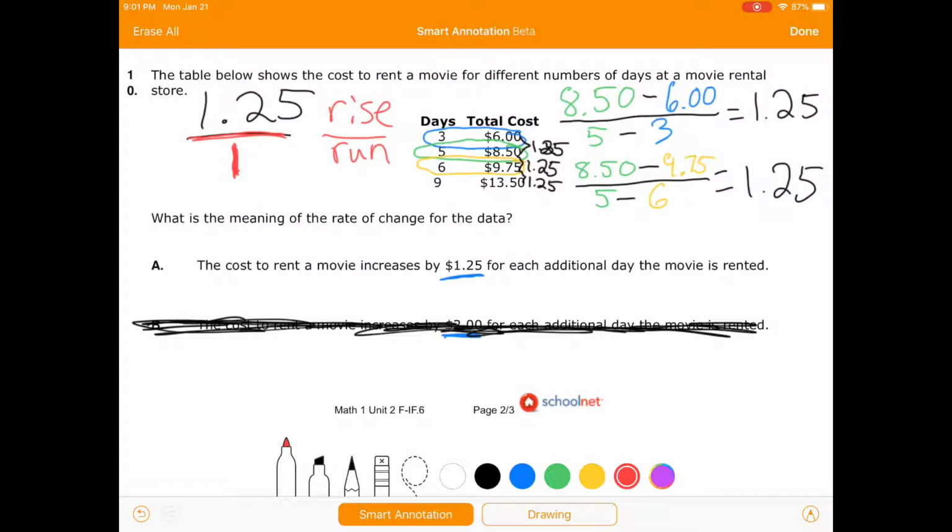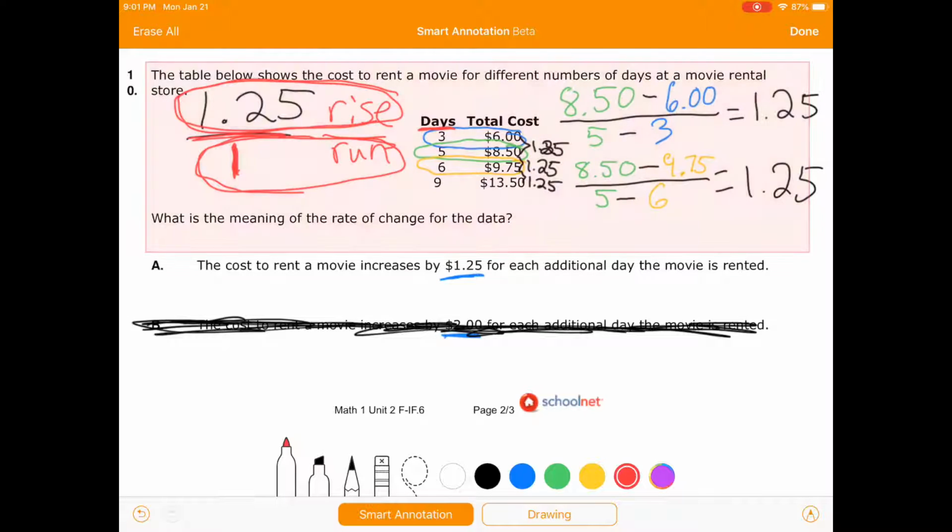And when we're trying to figure out what the meaning of this rate of change means, our run is going to be our x values. So as our days are changing by 1, our y value is going to be changing by this top number.